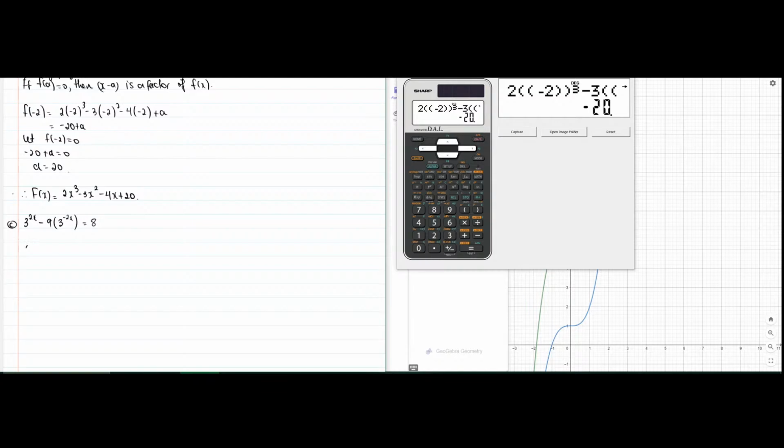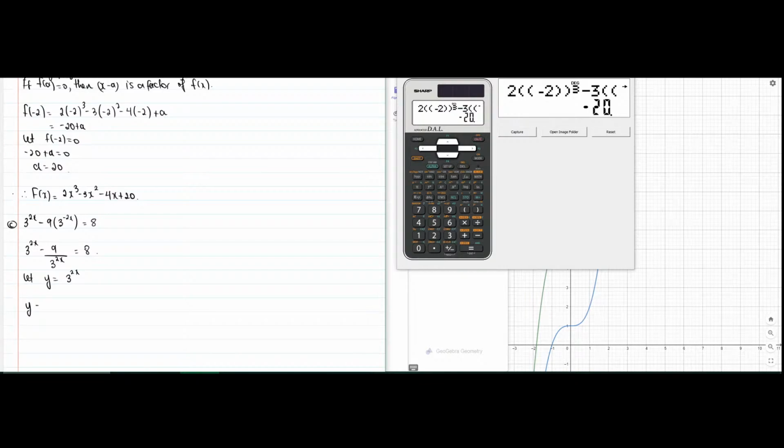So 3 to the power 2x minus 9 over 3 to the power 2x is equal to 8. Let y be equal to 3 to the power 2x.